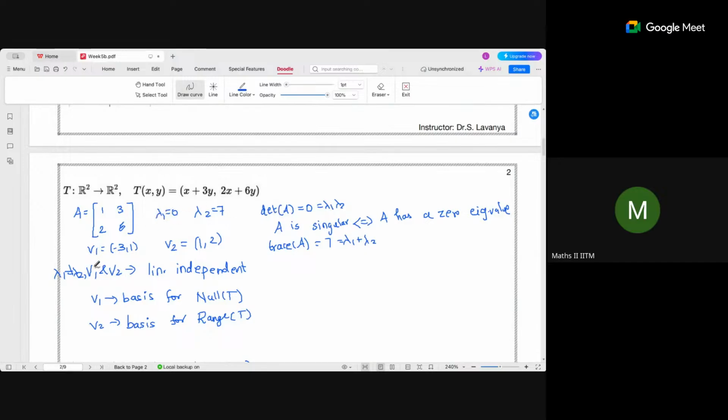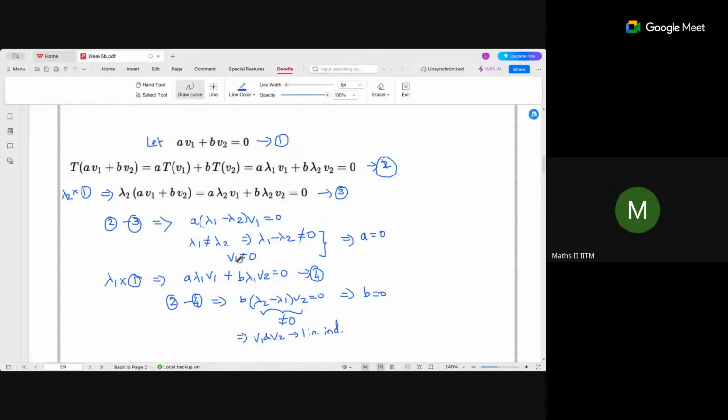Students tend to confuse this: even if lambda 1 is not equal to lambda 2, if there is a zero eigenvalue, they have a doubt. The only property you need is distinct eigenvalues. Whether it is zero or non-zero does not matter. As long as your eigenvalues are distinct, the corresponding eigenvectors are linearly independent. Okay, ma'am, got it.